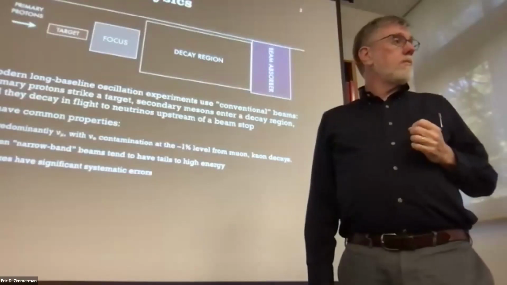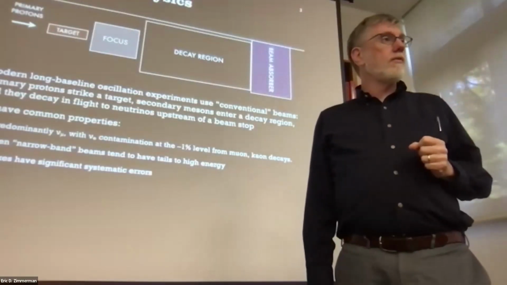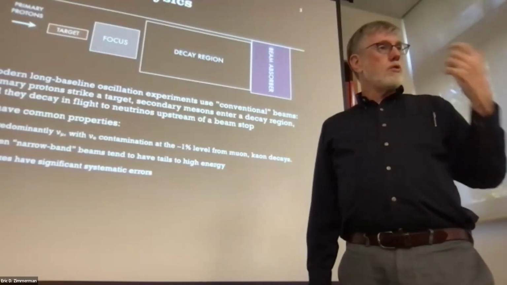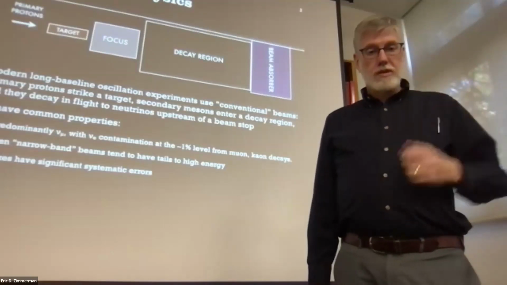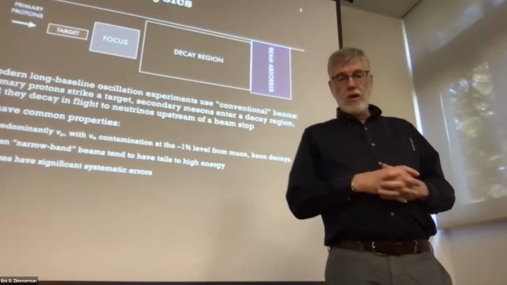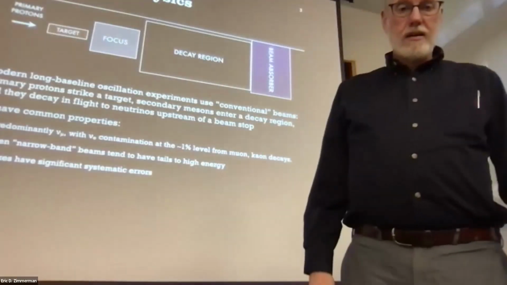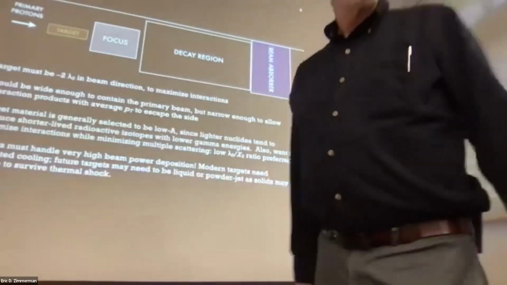They're predominantly nu-mu, with nu-e contamination at the roughly 1% level from muon and kaon decays. If you change the polarity of the horns, you can get a nu-mu bar beam with, of course, some neutrino contamination. Even what are called narrowband beams tend to have tails to higher energy. And the fluxes all have significant systematic errors.